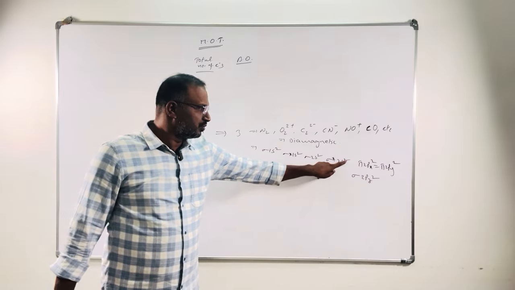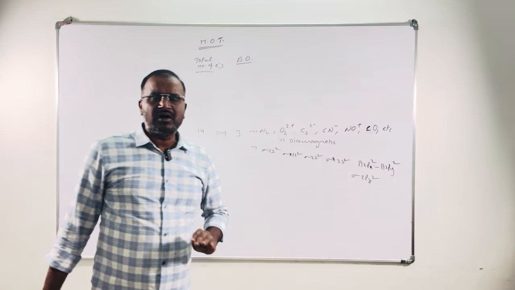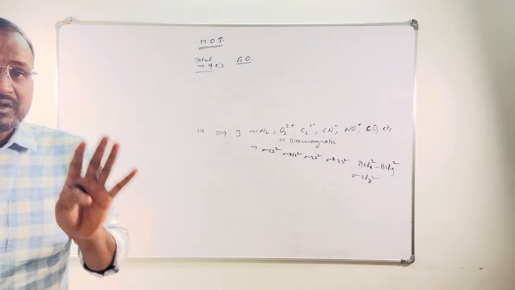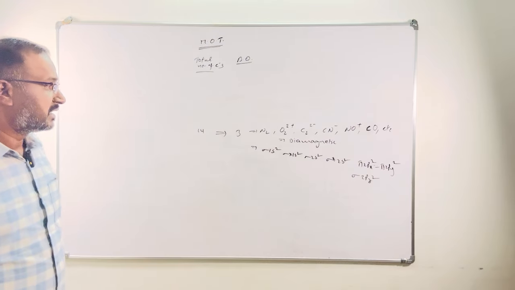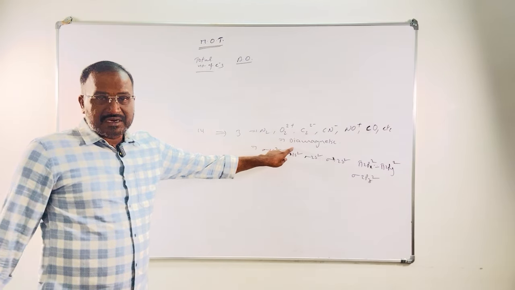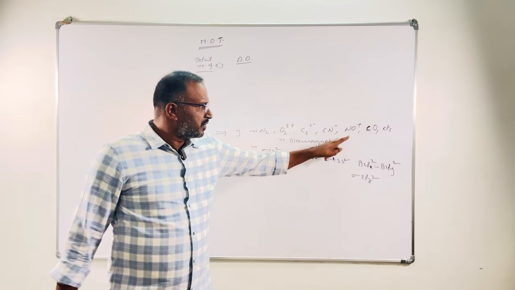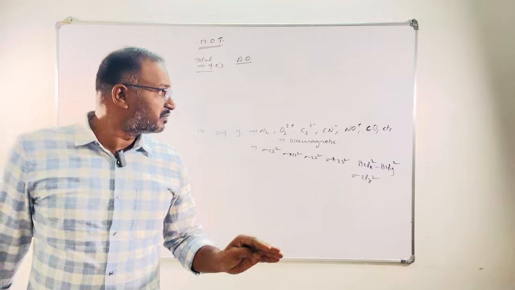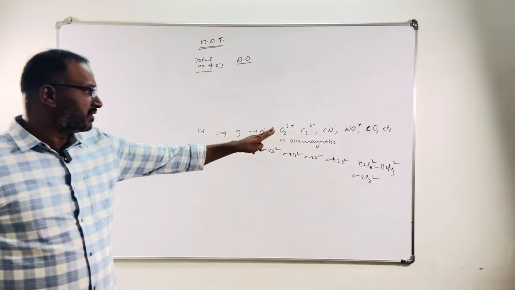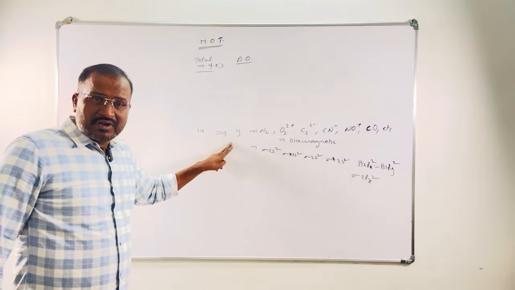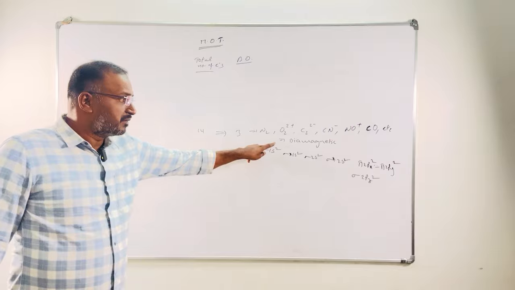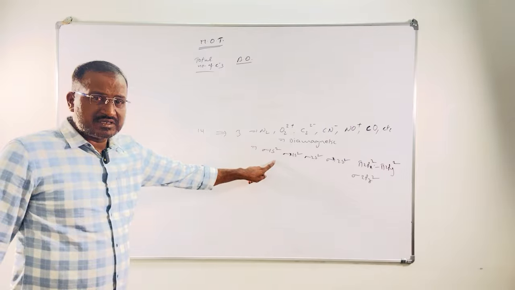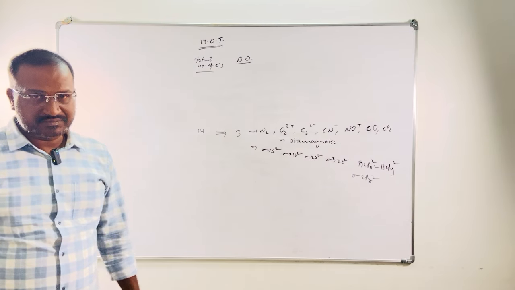In all cases 2 electrons are there, no unpaired electrons, that's why it is diamagnetic. Whatever the compound, like N2, O2 2+, C2 2-, the bond order is 3 and diamagnetic.